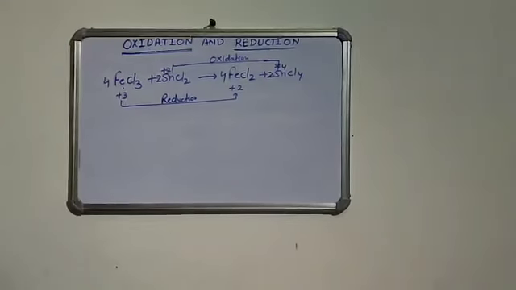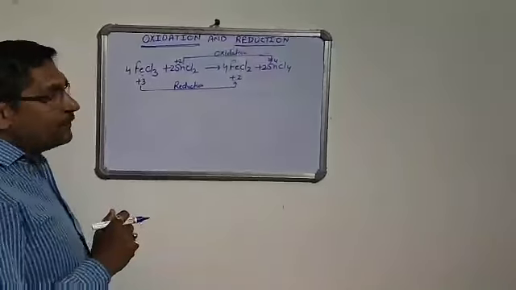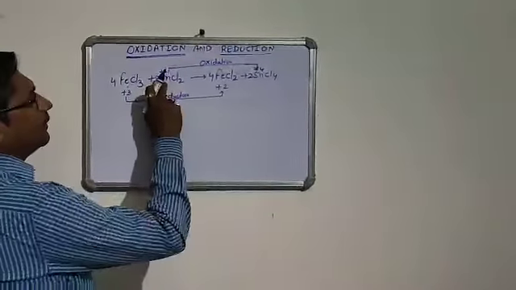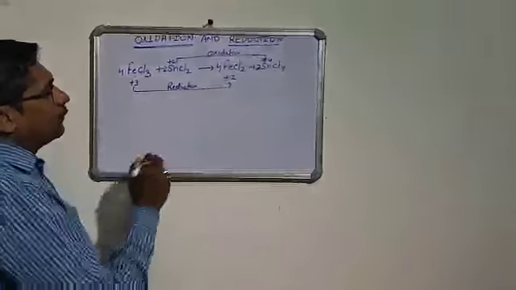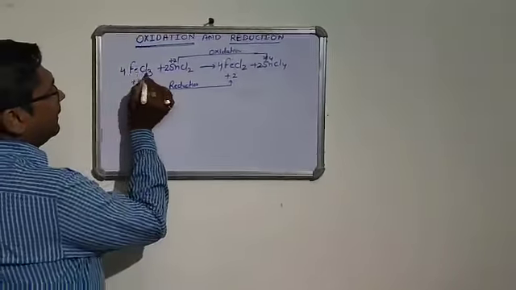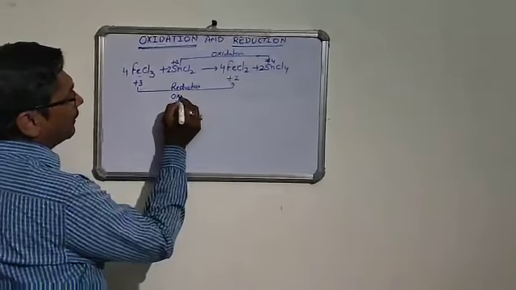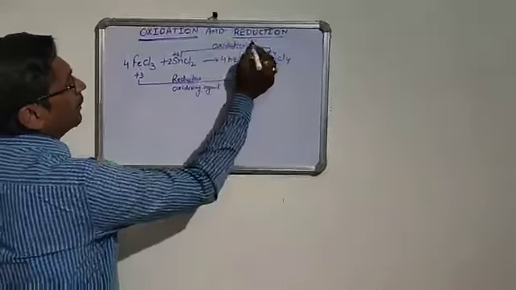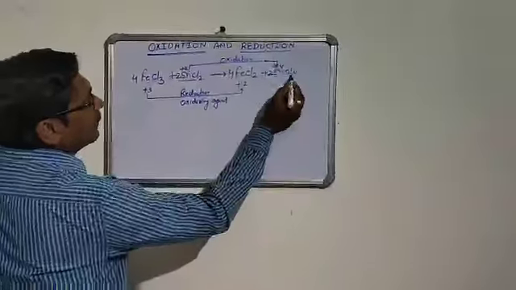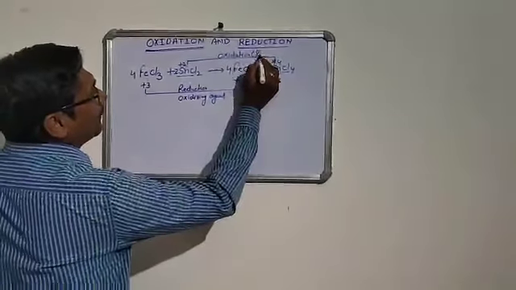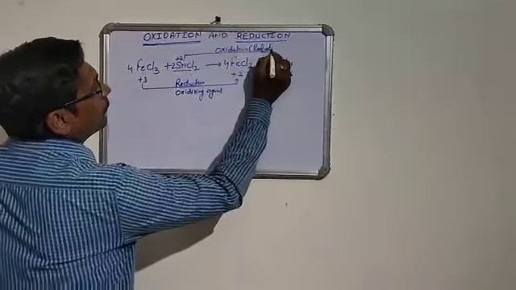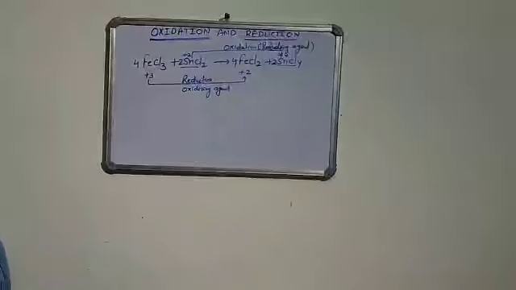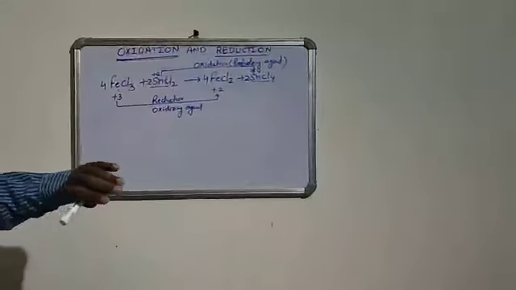So FeCl3 reduced to FeCl2 and SnCl2 oxidized to SnCl4. That's why FeCl3 is called the oxidizing agent. And SnCl2 is converted into SnCl4, that's why it is the reducing agent. Okay, this is the oxidation and reduction process.